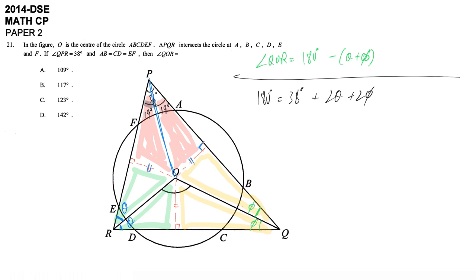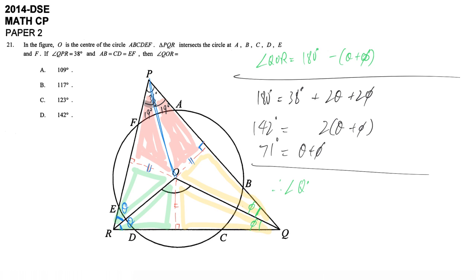By this relation, we can make theta plus phi the subject. So we go back to our target. Therefore, angle QOR is 180 degrees minus 71 degrees, which is 109 degrees.